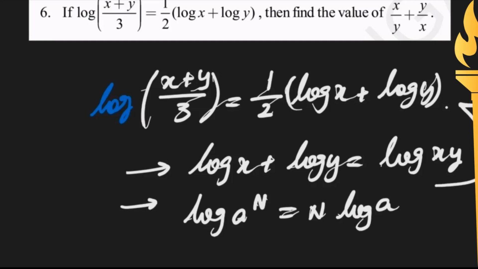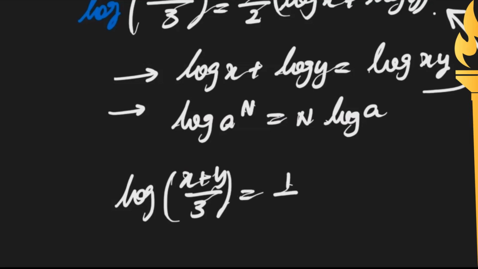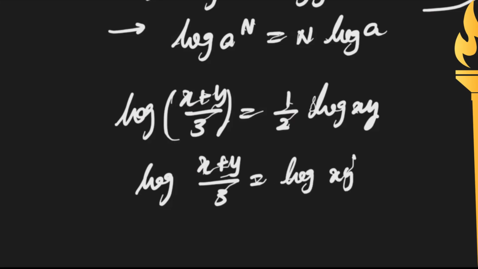If we apply both of these properties in the given one, we would get log of (x plus y) by 3 is equal to 1 by 2 of log of xy, which is log of (x plus y) by 3 is equal to log of xy to the power 1 by 2.